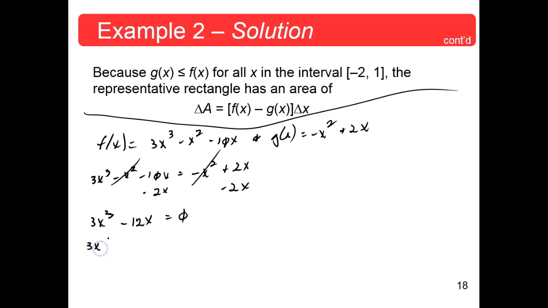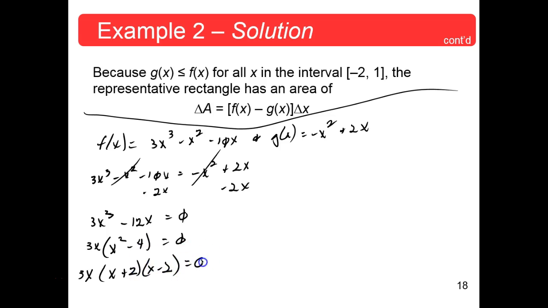Factor out a 3x, and what does that leave you with on the first term? X squared minus 4. Okay. Are you through factoring? No. What else can you do? 3x, that can't be factored anymore. X plus 2, x minus 2.